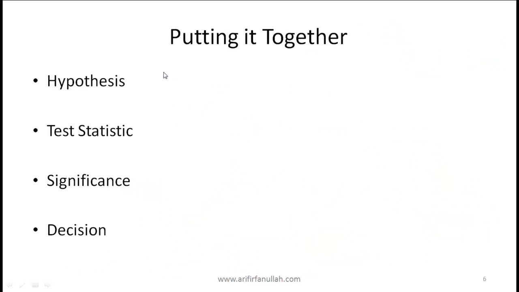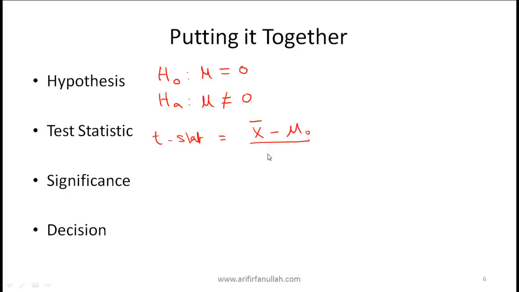Step 1 was defining the null hypothesis, which in our case was H0 that mu is equal to 0 versus the alternate hypothesis that the population mean is not equal to 0. The next thing we did was calculate the test stat, which was equal to the x bar value you calculated minus mu naught over the standard error.